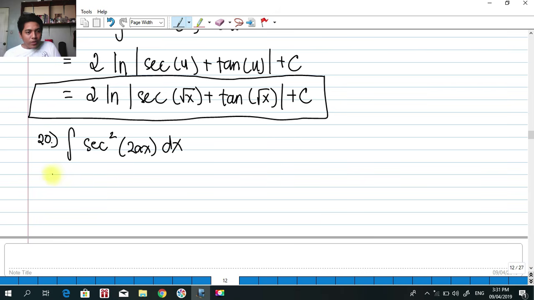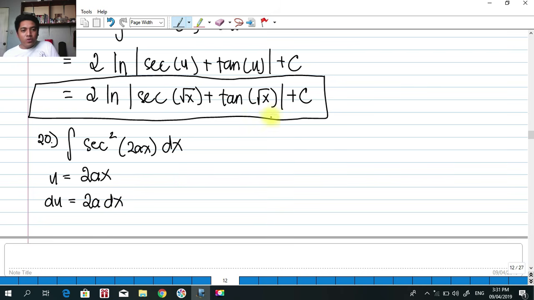What we are going to do is let u equal 2ax. We get du over dx, that is 2a, so du equals 2a dx. Remember that a here is a constant.